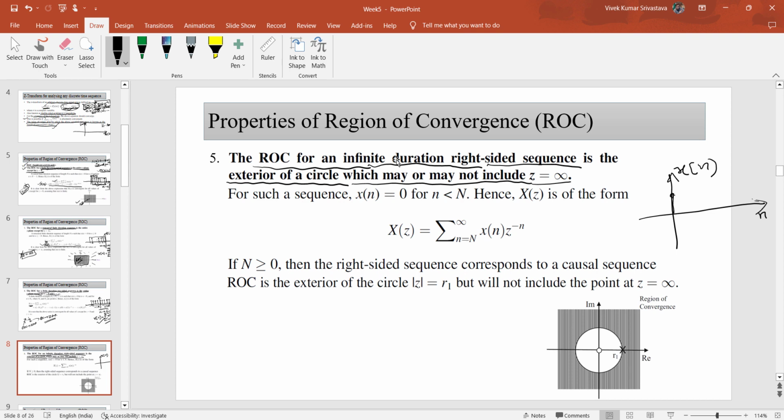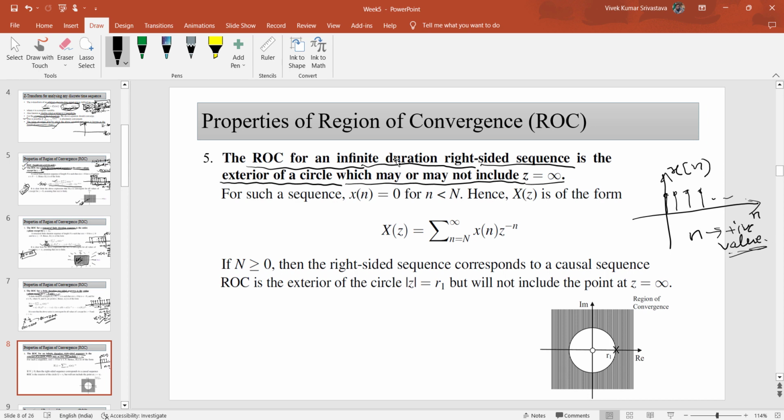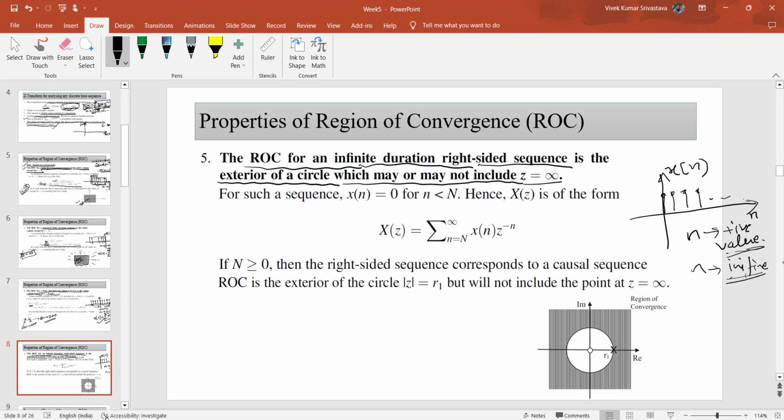An infinite duration right-sided sequence means it will exist only for positive values of n. Only for positive values of n this signal will exist, and here n will be infinite basically. Such kind of sequences are known as infinite duration right-sided sequences. Okay, so for such kind of sequence once you evaluate the z transform you will get 1 over z terms.